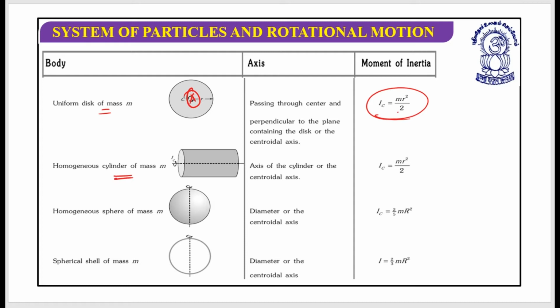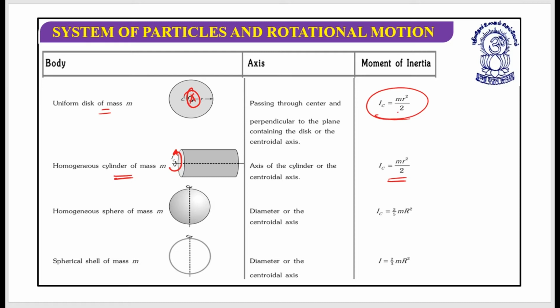If it is rotated about its axis, the axis of the cylinder, then this can be written as mr square by 2. We will discuss in more detail how this mr square by 2 is arrived at, but at this point of time you just remember it's mr square by 2.